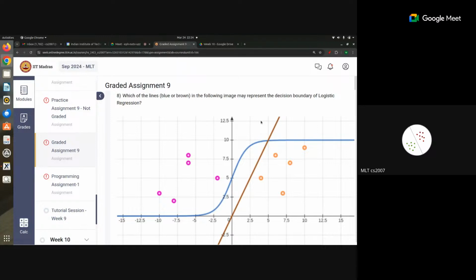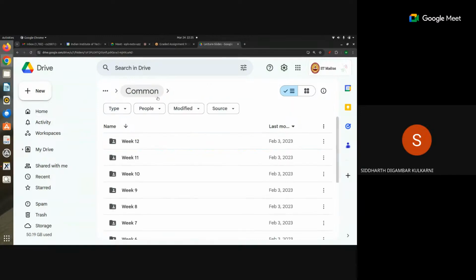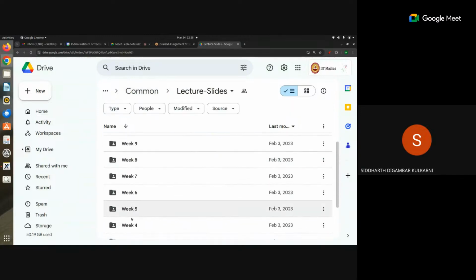Do you have the solution for that, the closed form solution for W? I don't think we have any closed form solution for W in logistic regression. No, it's not there.